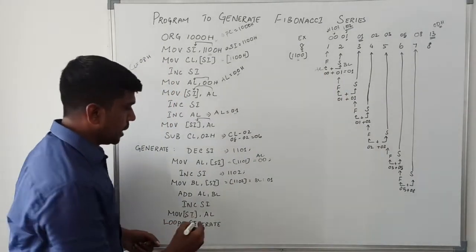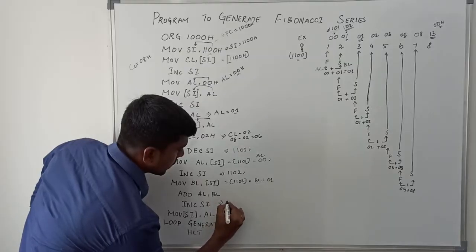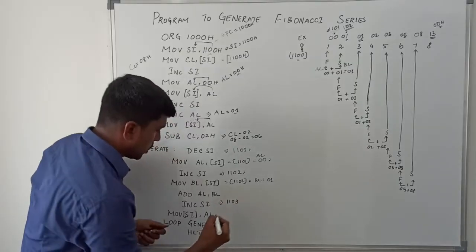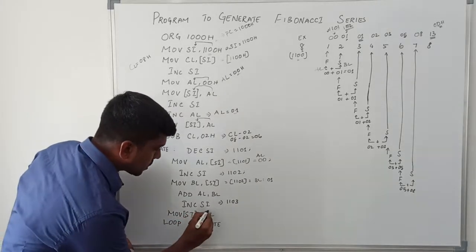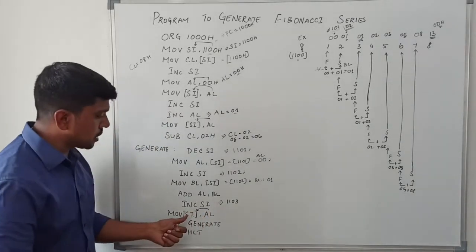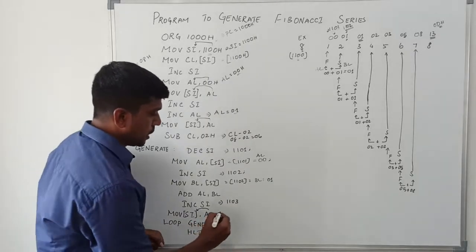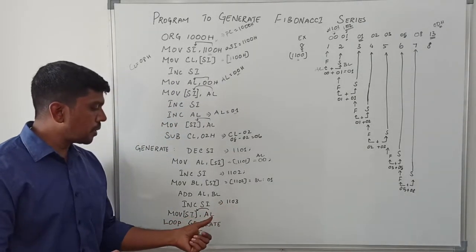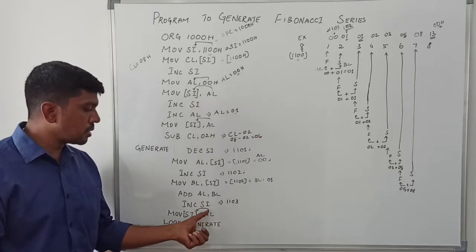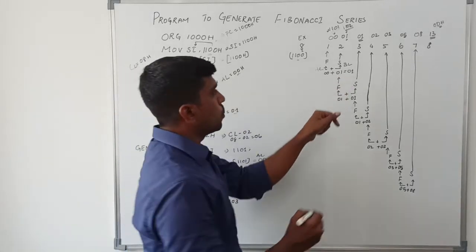Then INC SI. Now the SI value goes to 1103. Then MOV [SI], AL. Whatever value is present in the accumulator, that content is transferred to [SI]. So SI is the memory location 1103, and after execution of this instruction, this memory location holds the data 01.